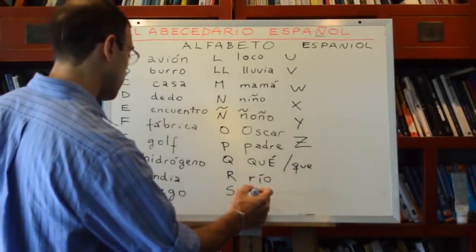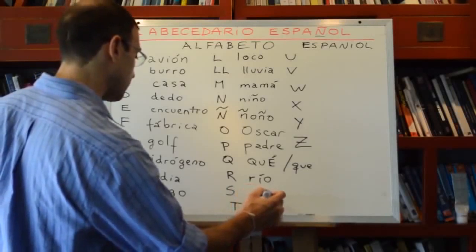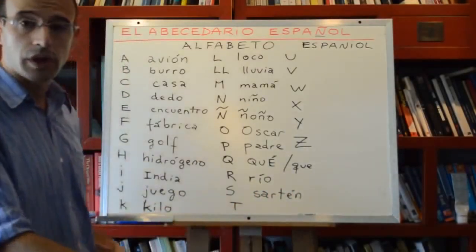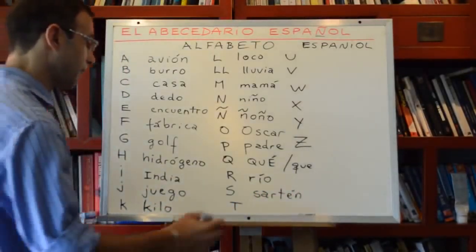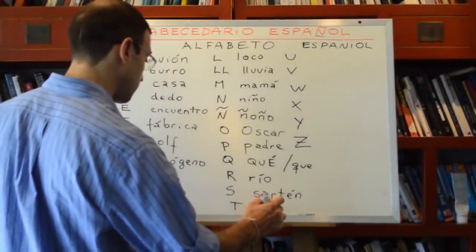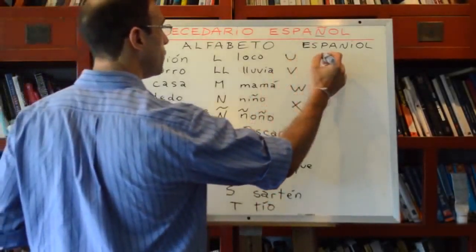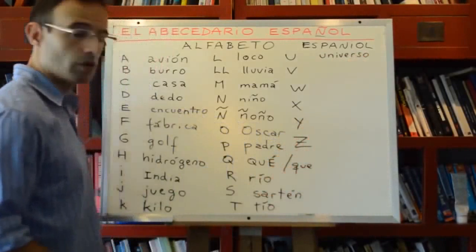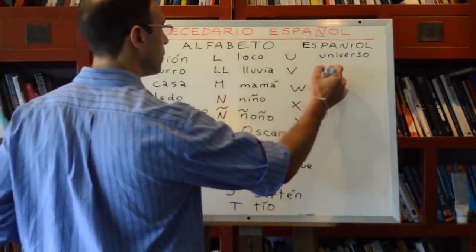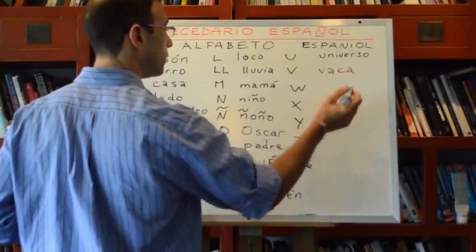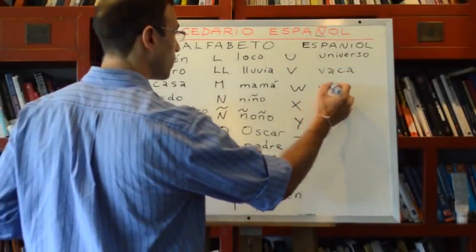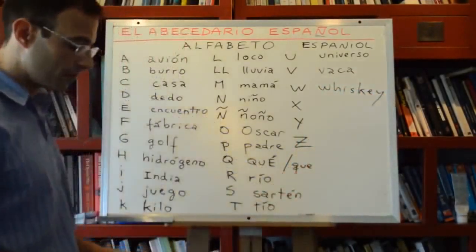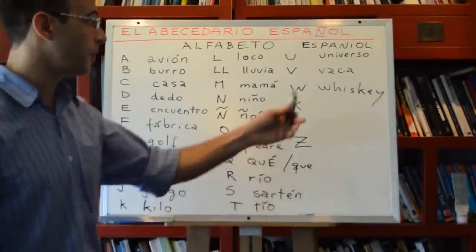With S we have sartén. Sartén is the pan where we cook a steak, for example. Tío for uncle. Universo for universe. Vaca for cow. Whiskey. It's a foreign word that is accepted in Spanish.